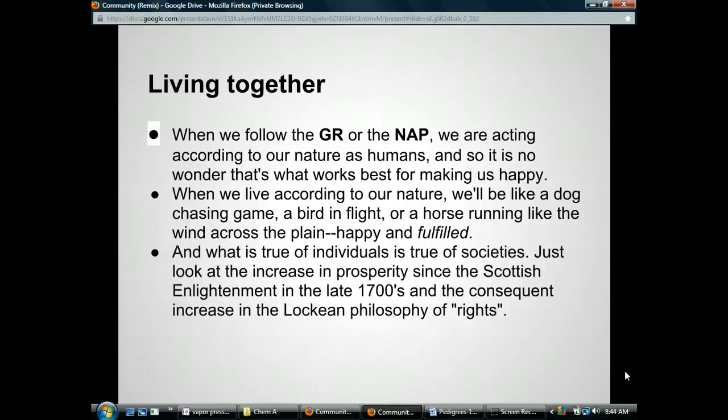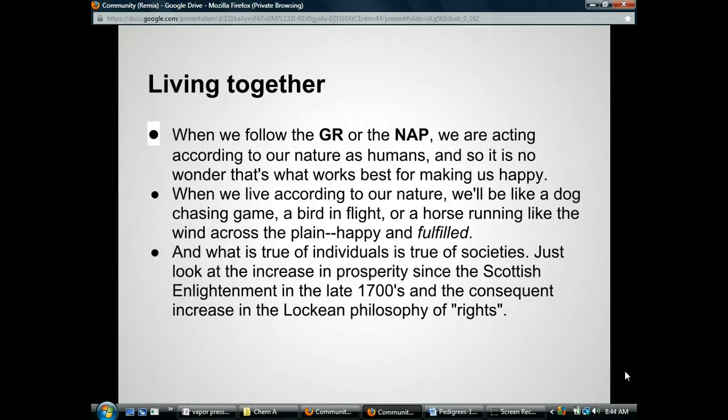Just look at the increase in prosperity worldwide since the so-called Scottish Enlightenment in the late 1700s. David Hume, Adam Smith, John Locke, Gibbon, who wrote The Rise and Fall of the Roman Empire. Those guys were part of this. John Locke's philosophy of human rights, of individual rights, is basically where Thomas Jefferson and the others got the Declaration of Independence text from.